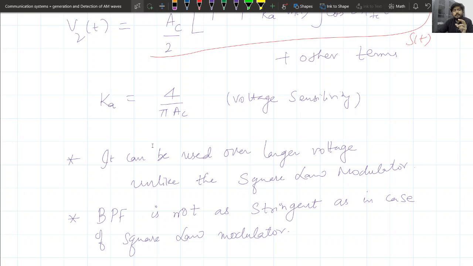This nonlinear device has both square law characteristics, which is used in the square law modulator, as well as the switching characteristics that we have applied in the switching modulator, and then finally applying a band pass filter of suitable cutoff frequencies to finally obtain the modulated wave s(t).